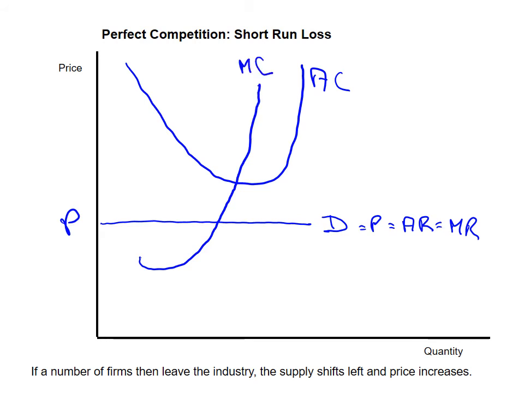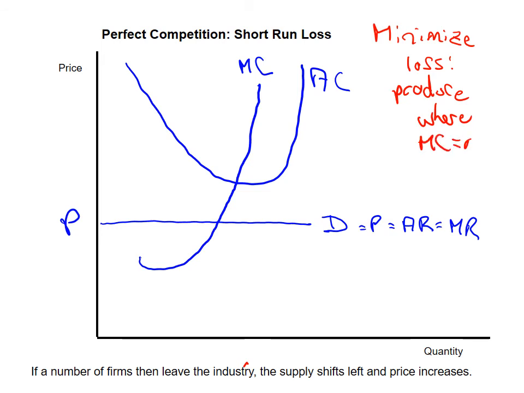And we are going to produce once again to either maximize profits or to, in this case, minimize loss. You're going to produce, think of the M&M candies, MC equals MR. So here's MC, here's MR, there's the spot. So we'll bring that down, and that becomes our quantity.